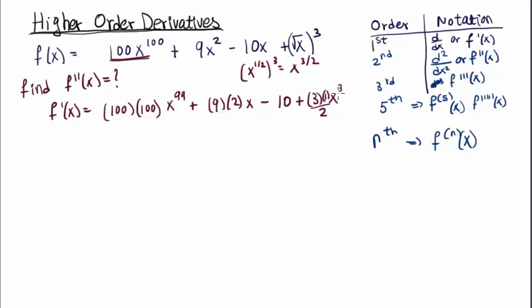Let's simplify this a little bit. So this will be 100 times 100, which is 10,000, x to the 99, plus 18x, minus 10, plus 3/2 x to the, what is 3/2 minus 1? That's 1/2, right? So that's it. That's the first derivative.